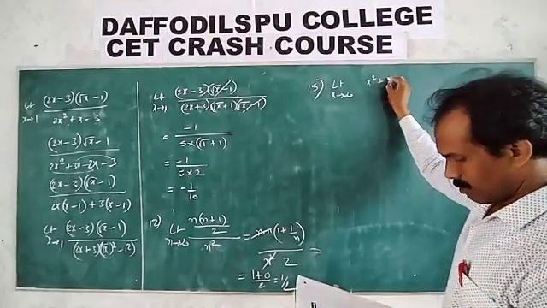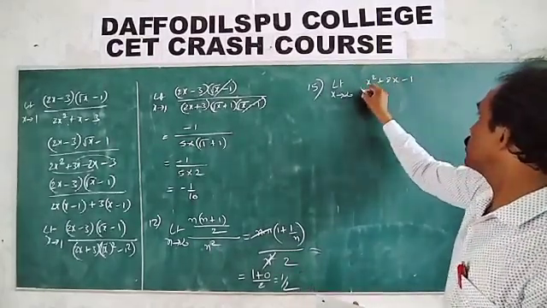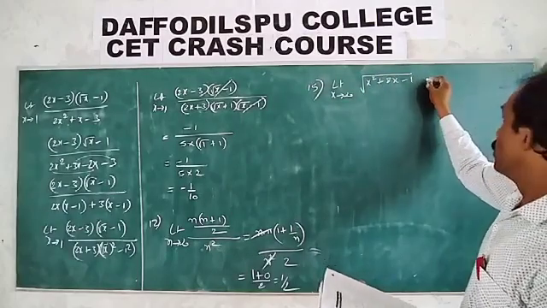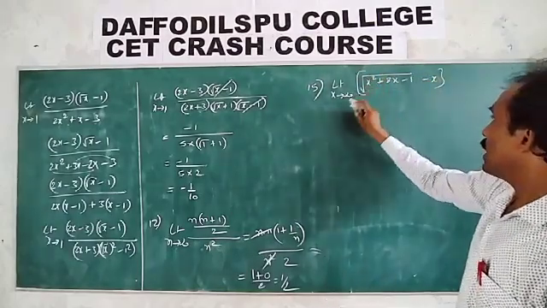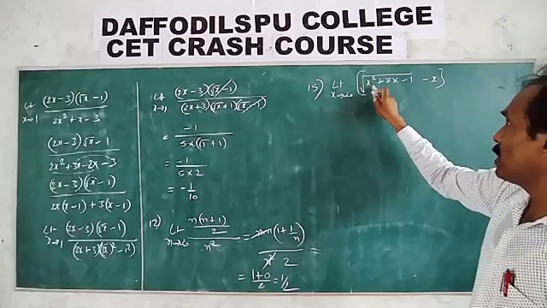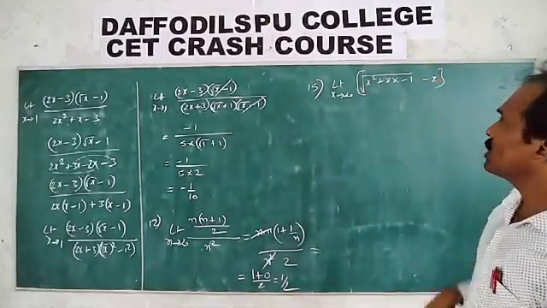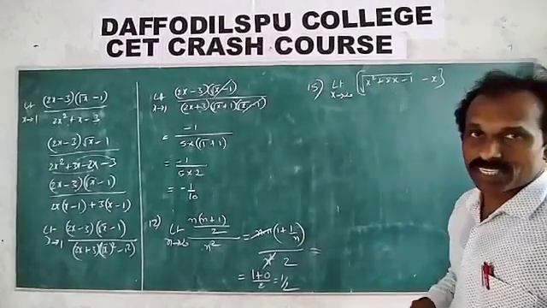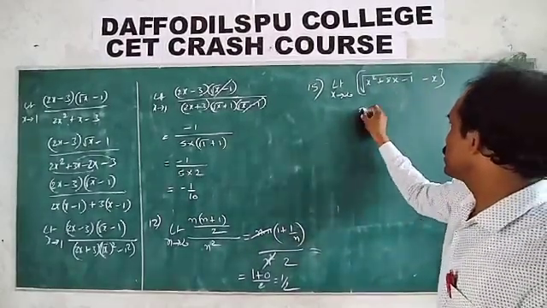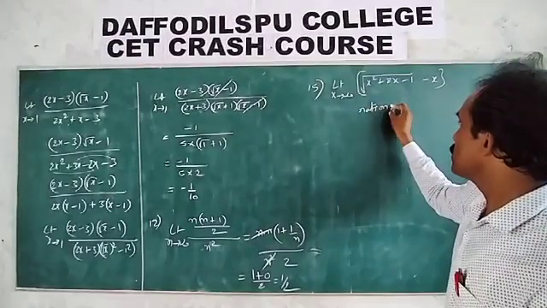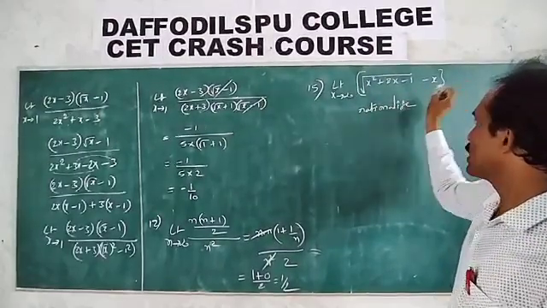Square root of x square plus 2x minus 1 minus x, x tends to infinity. So x plus infinity means this value is called infinity, undetermined form. So to convert the problem, we use rationalization.